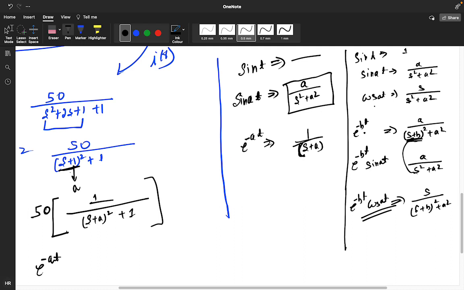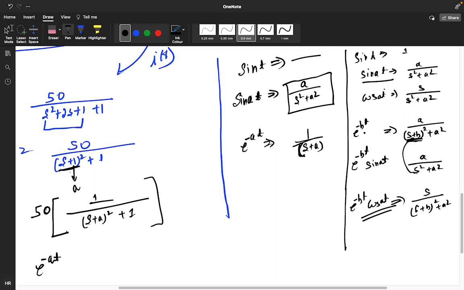Is this clear? Is this formula clear? Priyanka, is this formula clear? Yes, sir, clear. Sine at is a divided by s square plus a square. Cos at is s divided by s square plus a square. We will derive this now. You don't have to remember this particular formula. We will derive how to get this formula while I teach you the Laplace transform.